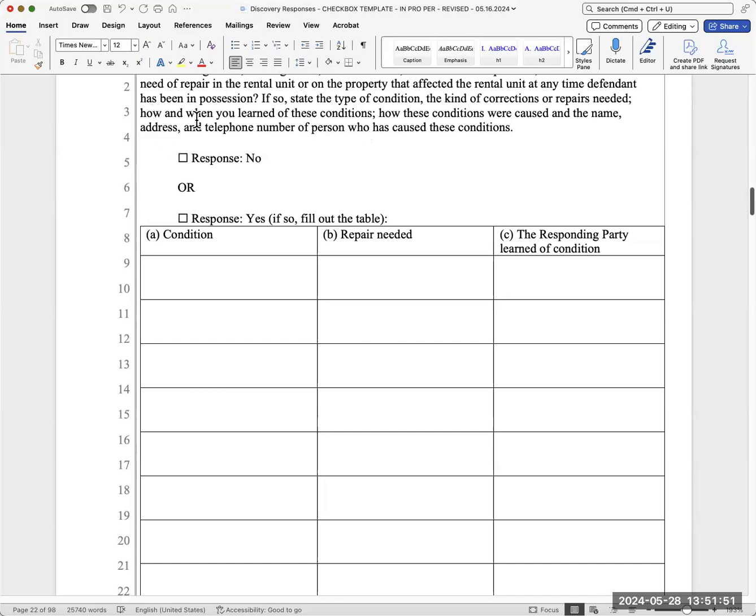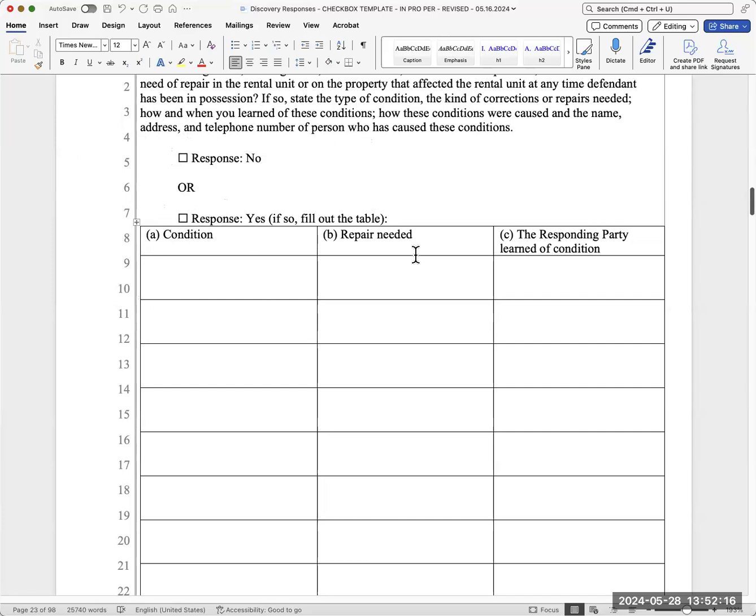If you're living in an immaculate unit that has never had anything need repair, check here. If, however, there has been something that is either worn over time or weather or broke, whatever the cause, you check here and you write it out.